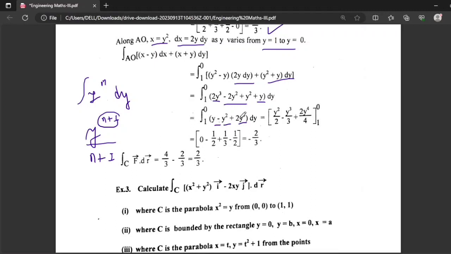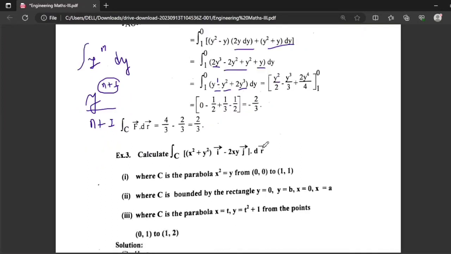There is power 1, so 1 plus 1 is 2 and divided by 2. There is power 2, so 2 plus 1 is 3, divided by 3. Power 3, 3 plus 1 is 4, divided by 4. So 2 by 4 is the same thing as 1 by 2. So by simplifying we get negative 2 over 3.